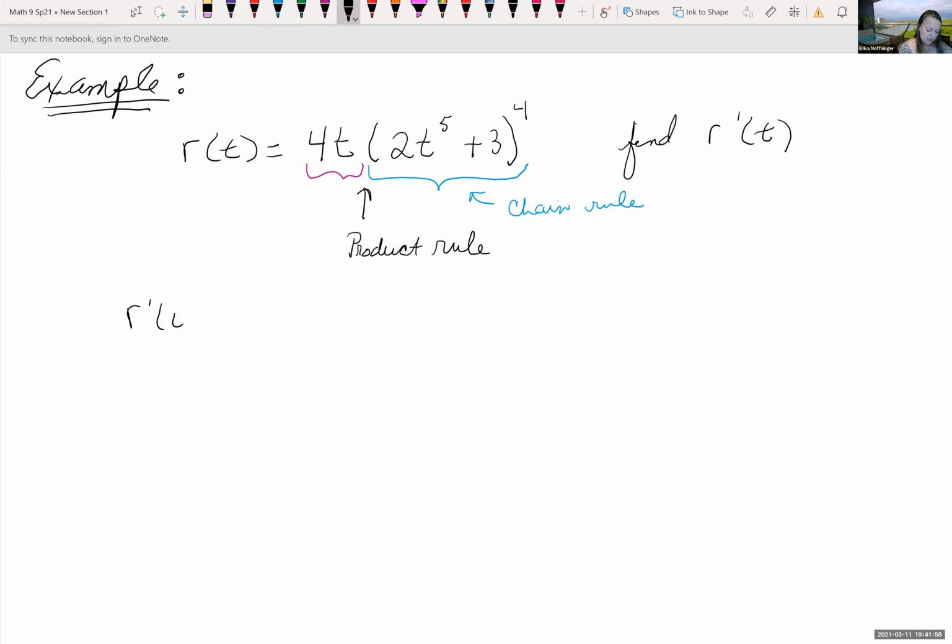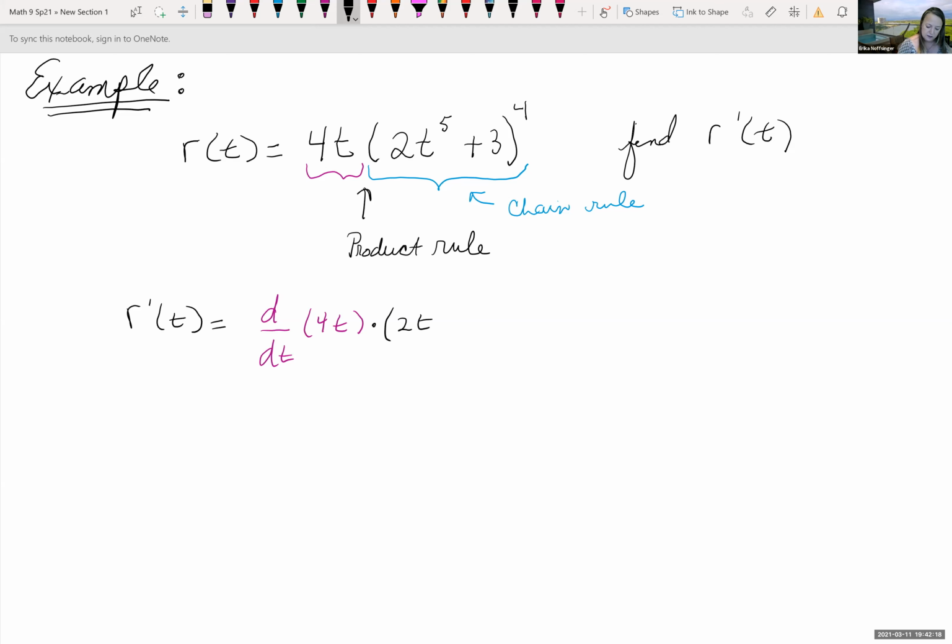So r prime of t. If I was using the product rule, that was the derivative of the first. So I have d/dt of the first function, 4t, which is not bad, times the second. The second one, I'm not doing anything to it.